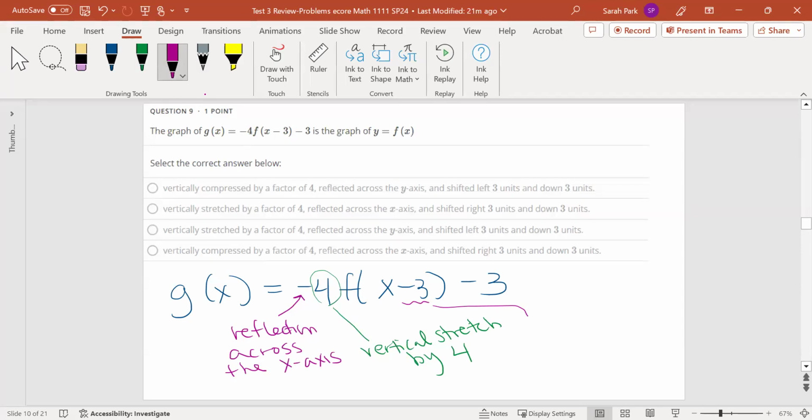It's minus 3, but horizontal shifts go the opposite direction, so this is to the right 3 units. And then the minus 3 at the end tells me that it's going to go vertically down 3 units. It's doing lots of things here. So I need to choose the one that is vertically stretched by a factor of 4, reflected across the x-axis, and shifted right 3 units and down 3 units. So it looks like it's this one.